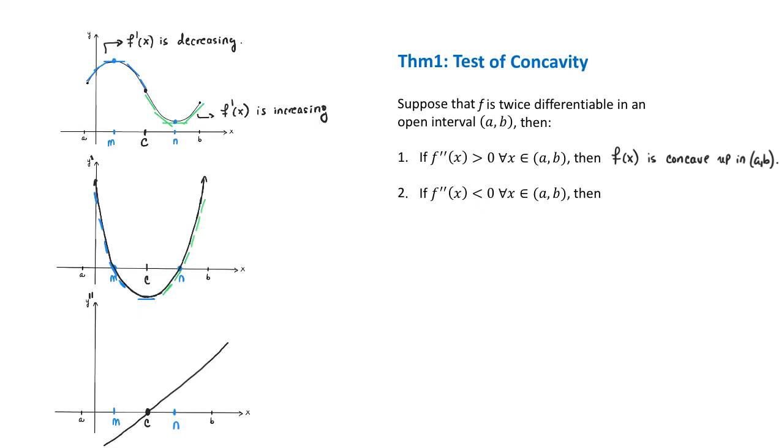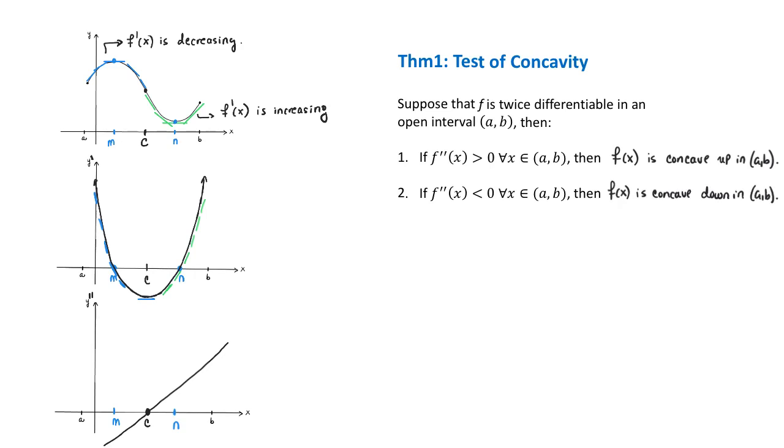And then the second part says that if the second derivative is less than 0 in an interval AB, so let me take you over here. Here is the second derivative, less than 0. Let me now go to the first graph over here, from A to C, where the second derivative is less than 0. Look at the graph, it is concave down. So then, if the second derivative is less than 0, then f of x is concave down in that interval AB.